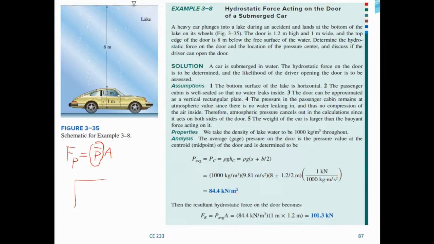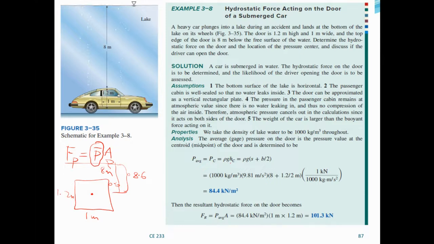Okay, the door is a plane surface 1 meter wide and 1.2 meters high. So the centroid will be acting somewhere here, and don't forget the height of the water. This is 8, and this will now be 0.6, so the total distance from the top of the water is 8.6, which is 8 plus 1.2 over 2.